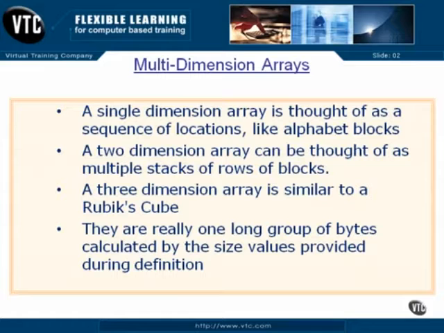They are strung out one after the other in memory, and we just get to them by calculating the row sizes and adding the final element on the right-hand side, the least significant value, to get the offset into the array, into the row. A 3-dimensional array is similar to a Rubik's Cube. I'm not going to go into all the dimensions it takes to create a 3-dimensional array, but it's going to be very similar to what you're about to see here in a 2-dimensional array.